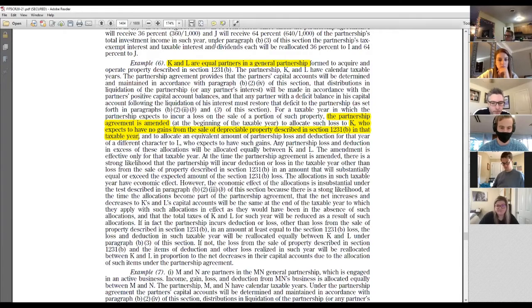So they're going to allocate this 1231 loss to K, and we're going to allocate an equivalent amount of other partnership loss to L, who is going to have 1231 gains. Let's see how this works with an example.